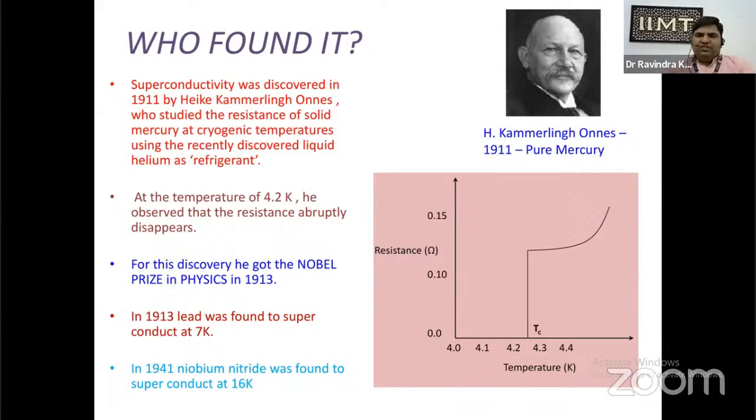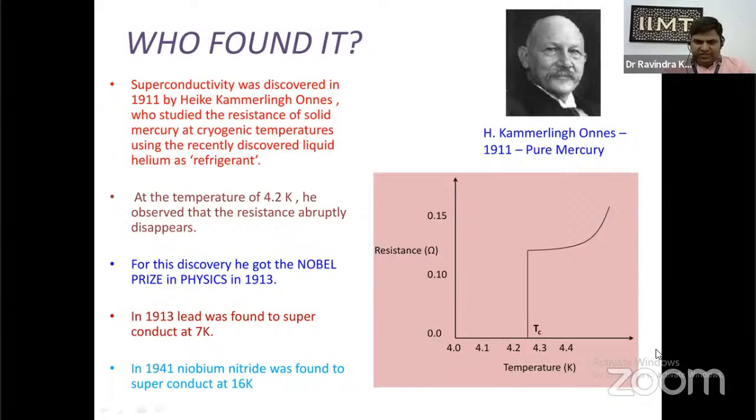He was the first discoverer of these superconducting materials, and he got the Nobel Prize in 1911 for his work on superconductors. And in 1913, we also got another material, it was lead. In 1913, we got lead at 7 Kelvin and niobium nitride at 16 Kelvin.